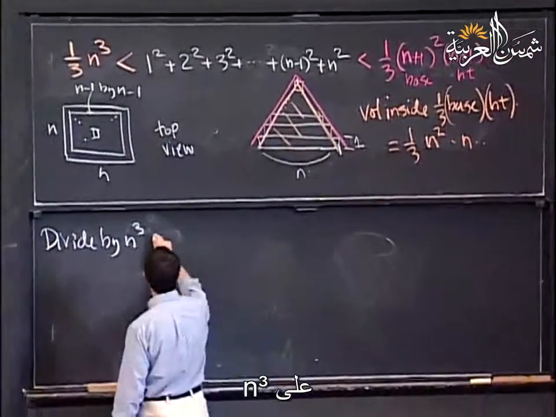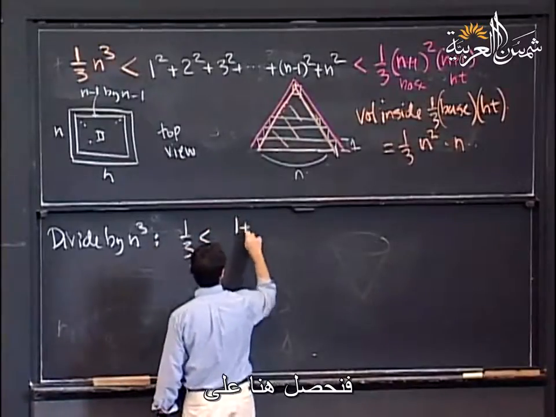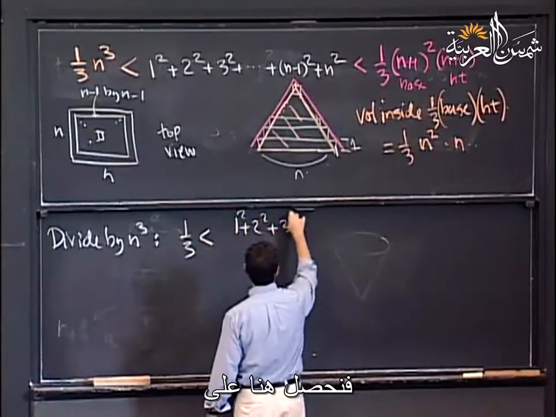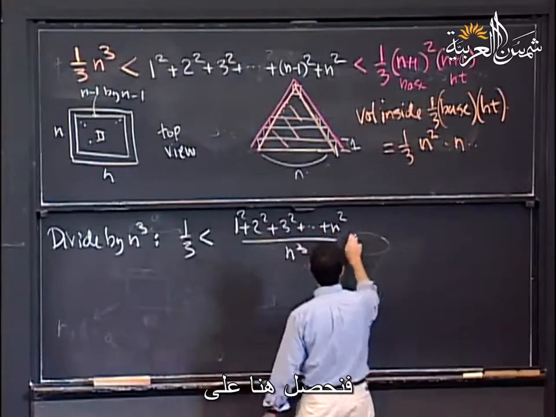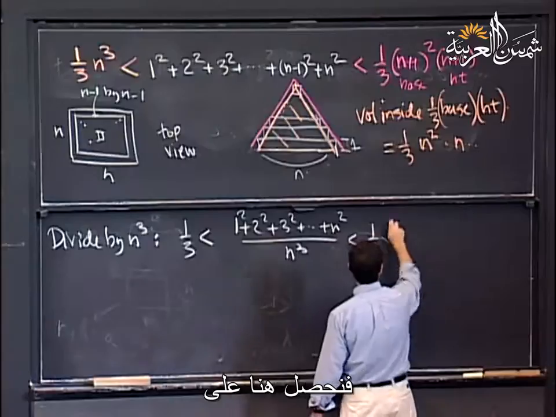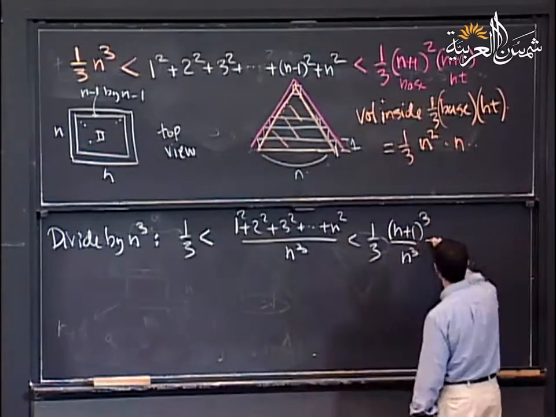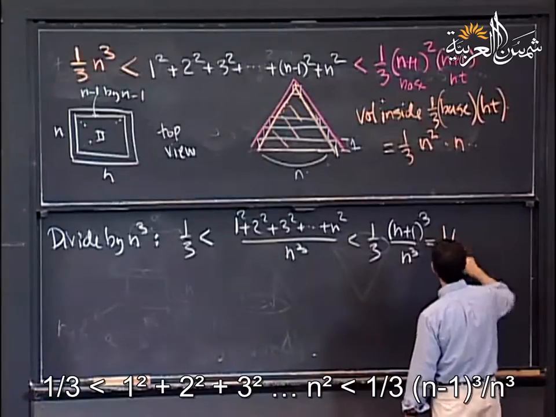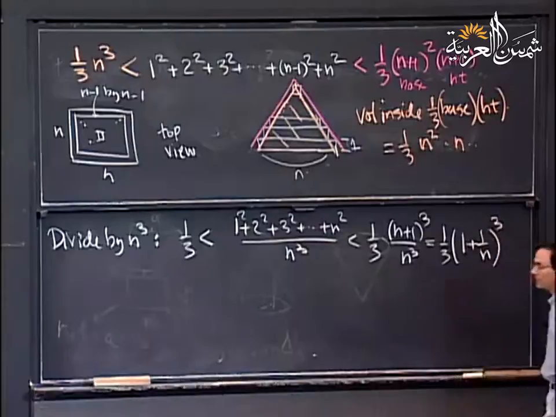set of inequalities there, and what I get here is a third is less than 1 plus 2 squared plus 3 squared plus n squared divided by n cubed, which is less than 1/3 times n plus 1 cubed divided by n cubed, and that's a third times 1 plus 1 over n cubed.